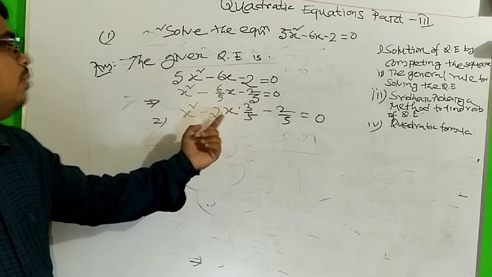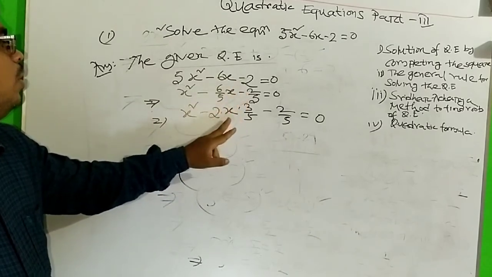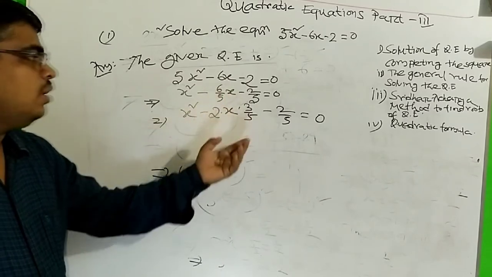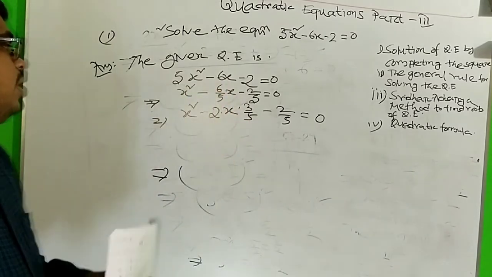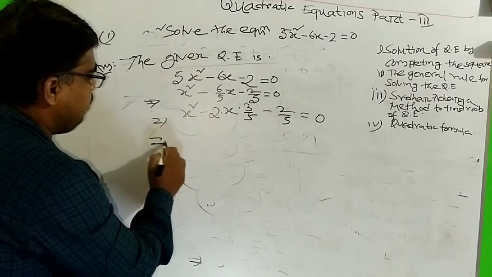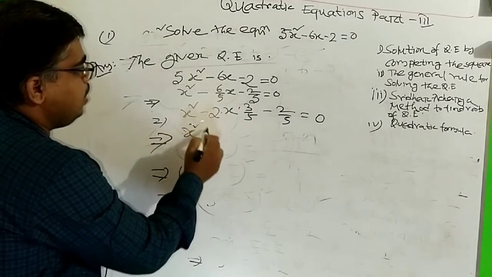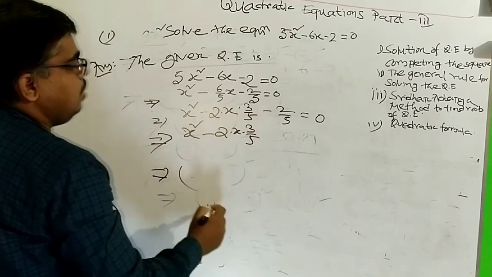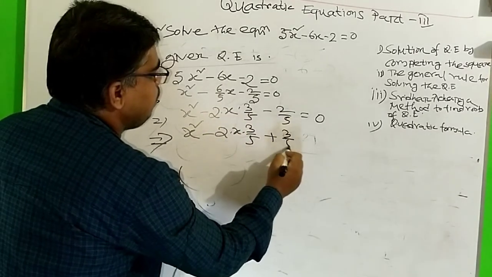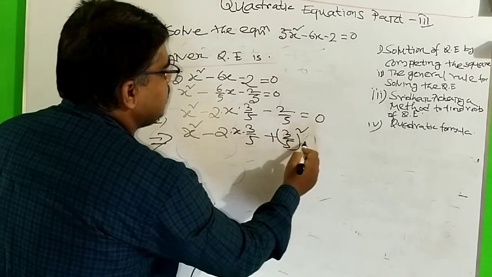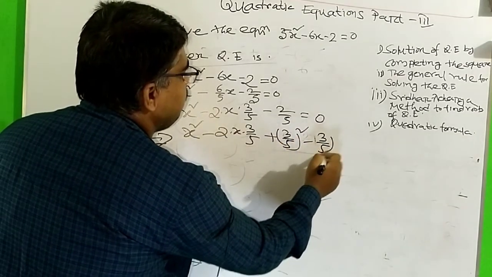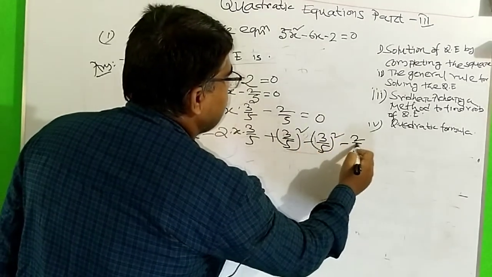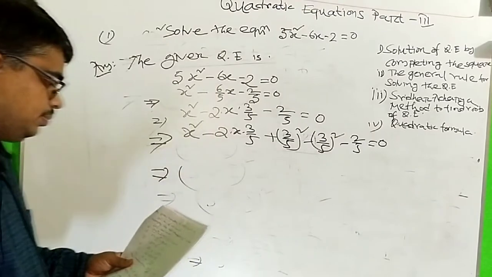We write 6 as 2 into 3, so we get 6x by 5. Now we make it x square minus 2 into x into 3 by 5. We add 3 by 5 whole square and subtract 3 by 5 whole square, and again we get the form.